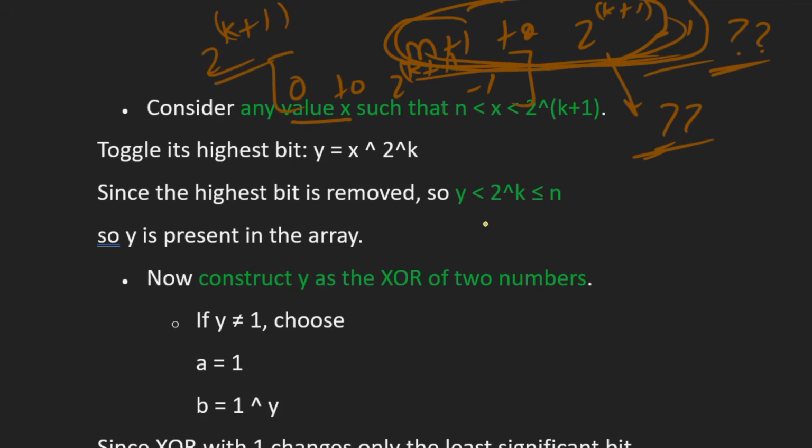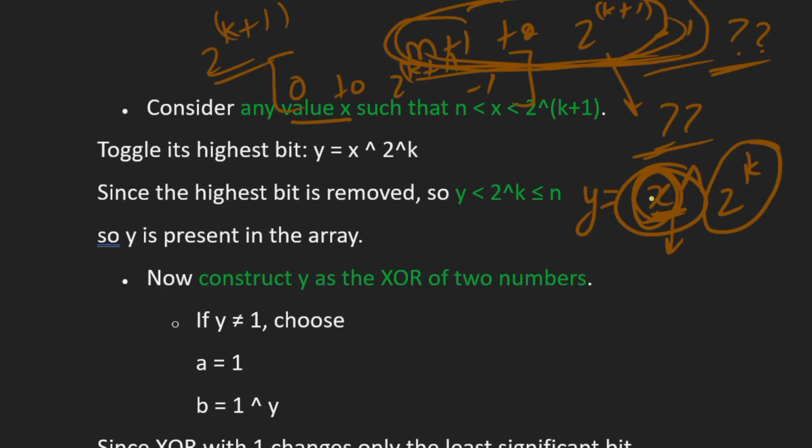Let's see, right? So we have taken an XOR value x, and then we do XOR with 2^k. It will give us a number y. When we do XOR with 2^k, it will toggle the highest bit in x, right?